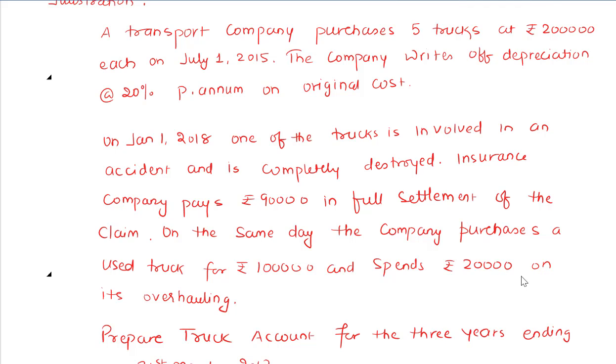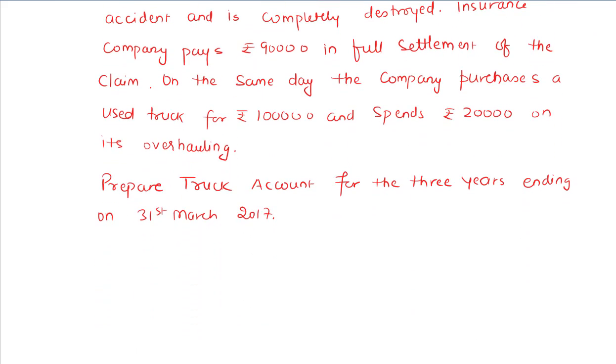On that same day, the company purchases a used truck for 1 lakh and spends 20,000 on its overhauling. So this 1 lakh plus 20,000 leads to 1,20,000, because this 20,000 needs to be capitalized in the value of the machinery. We need to prepare a truck account for 3 years ending 31st March 2017. I believe you understood. Let us make the truck account now.